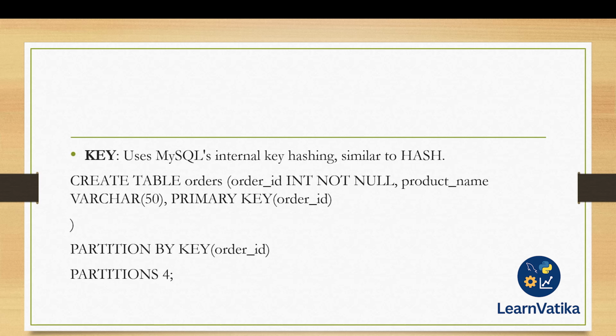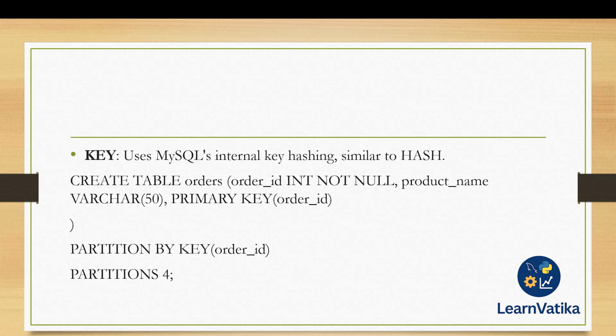You can see the example in which we are creating an orders table with order_id int not null, then product_name, and we are assigning order_id as primary key. We are partitioning with the help of key partition on order_id. We want 4 partitions.